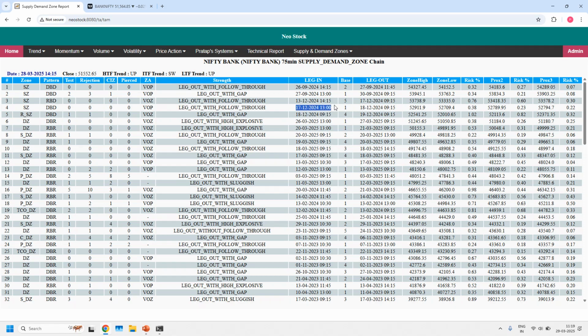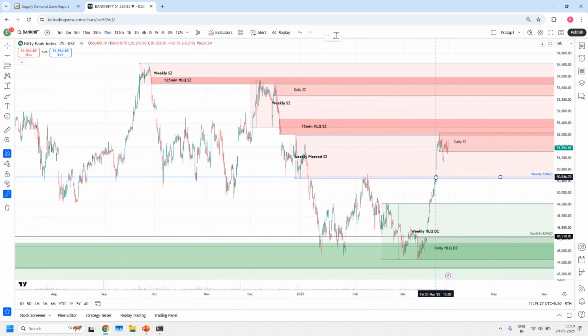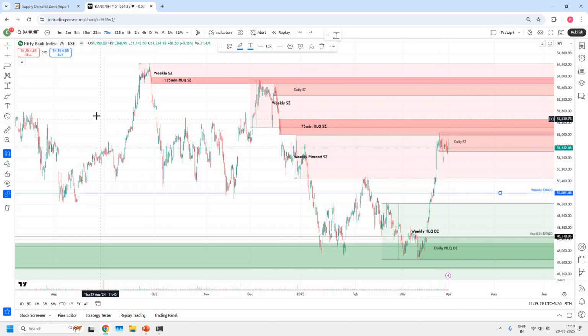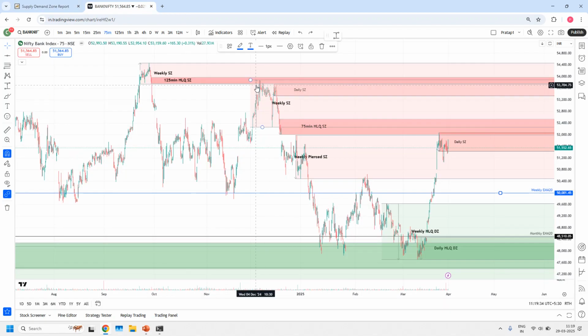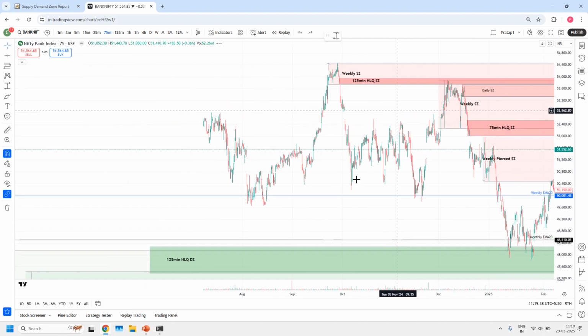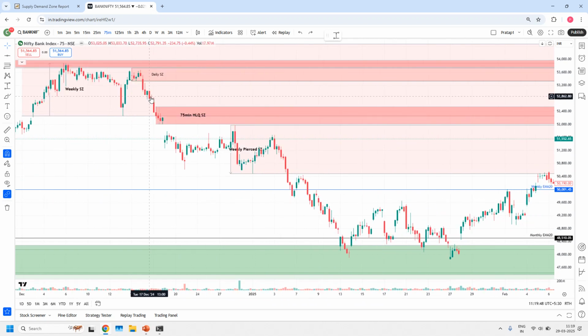This is on 17/12/2024, 13 hours. Just above there is one more zone, a 75-minute zone.